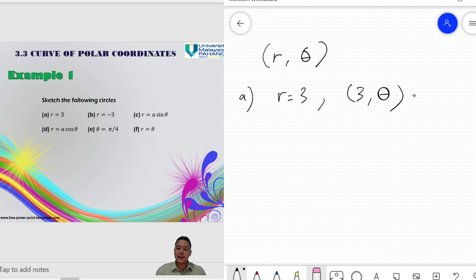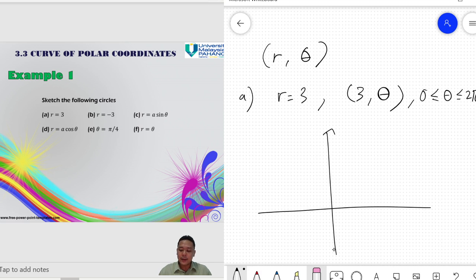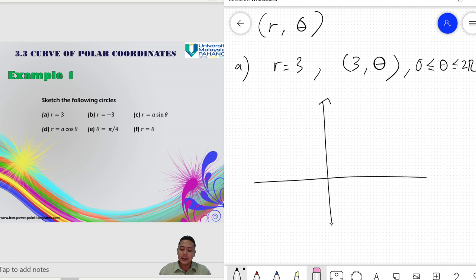Let's assume that theta is from 0 until 2 pi. So I will start with 0 first and then proceed to pi over 2 and then 2 pi. So if we plot this curve, imagine there's a point that moves from the angle of 0 until a whole round of 2 pi circle.